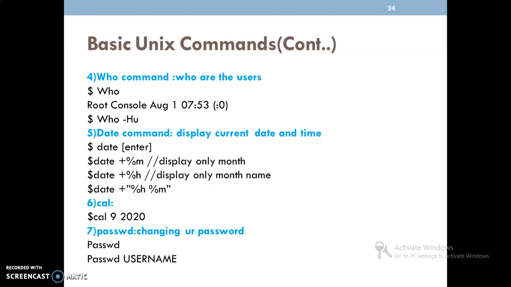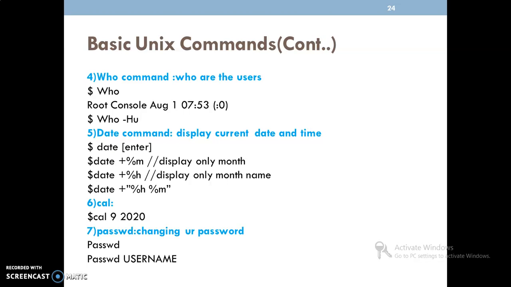If I'm interested in both, the month number and the name of the month, in that case we need to use both options, H and M. In that case I get 09 and September. 09 is with respect to M and September is with respect to H.